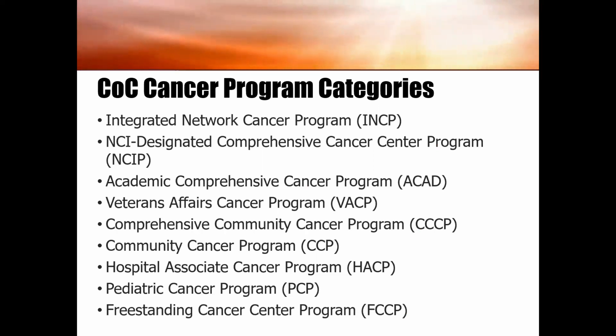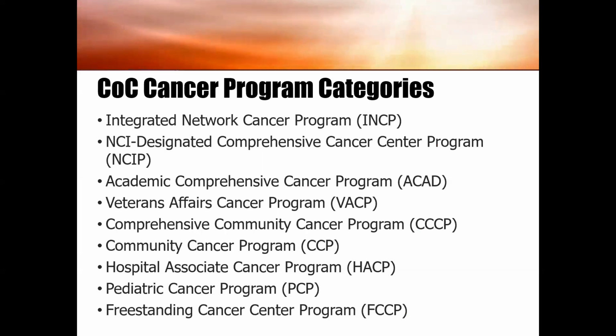And then we have the Community Cancer Program, the CCP. And this category accessions more than 100 cases, but less than 500 newly diagnosed cases annually, and also provides a full range of diagnostic and treatment services.